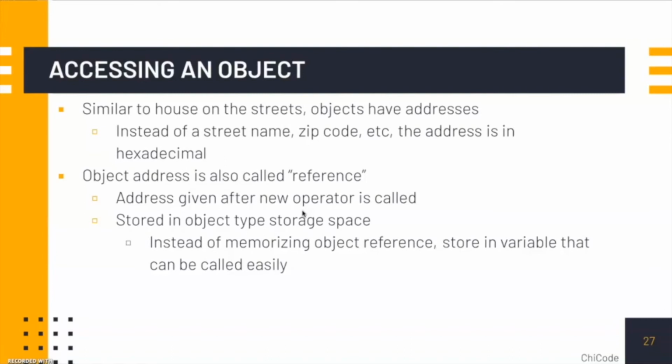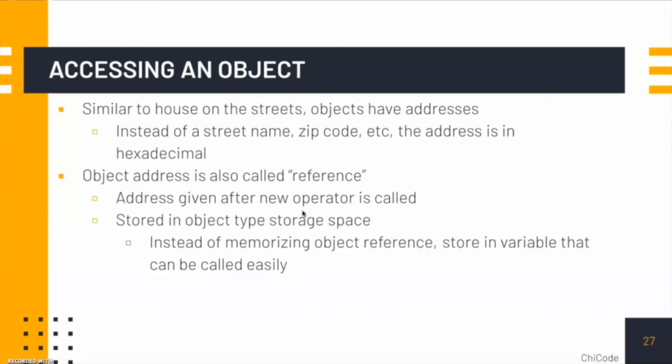Now let's talk about accessing an object. You may live in a neighborhood where every house has an address. This address is a certain street name, a certain zip code, a postal code, a state, etc. Objects also have addresses, but objects have addresses in the form of hexadecimal.